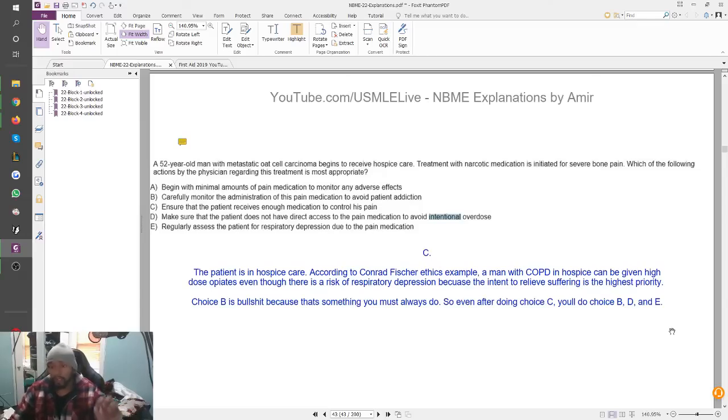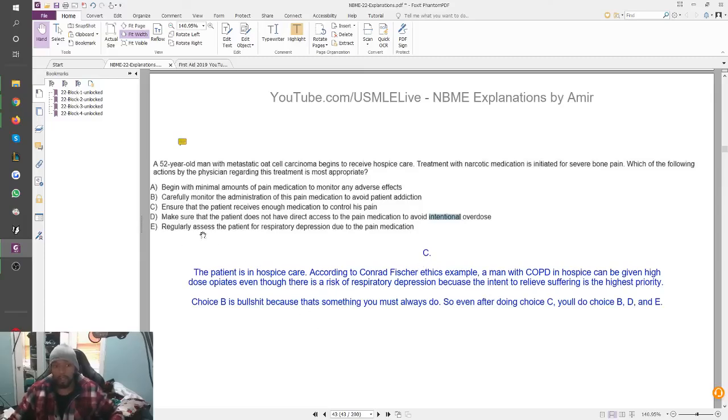If he wants to do it, he will do it, right? You have to give him as much as he needs, and if he decides to do an intentional overdose and kill himself, hopefully he won't do it. But if he does it, he'll do it. You don't withhold opioids from a patient in hospice care who has end stage disease and is going to die just because you think that they're going to overdose, right?